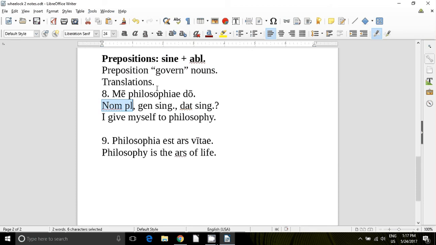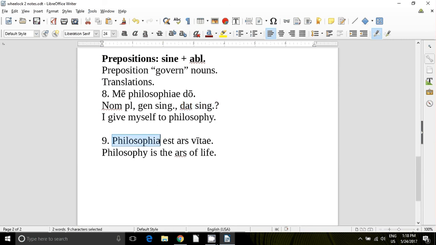It's the subject of the verb. But I already have a subject to the verb and it's singular. I give. Is it genitive? How do we translate the genitive? With of. I give myself of philosophy. Well, that doesn't quite make sense. So we'll try the dative. It's the indirect object. We translate with to. I give myself to philosophy.